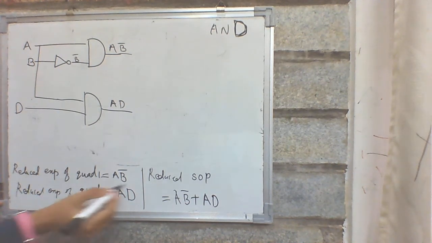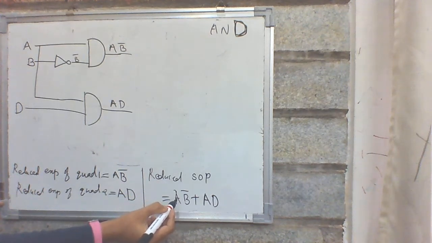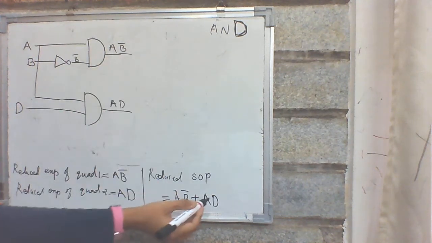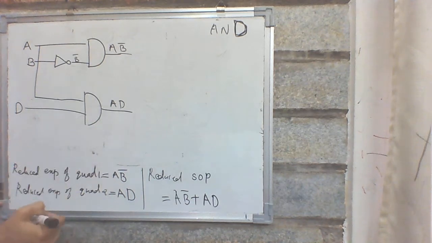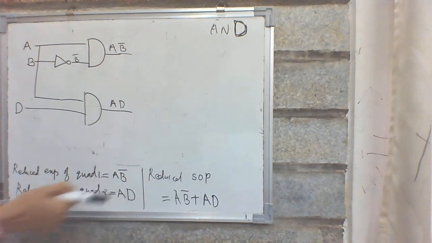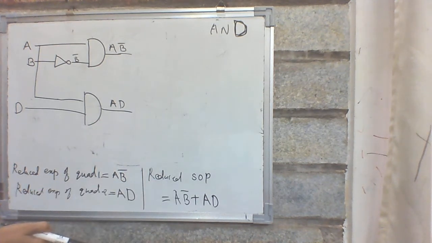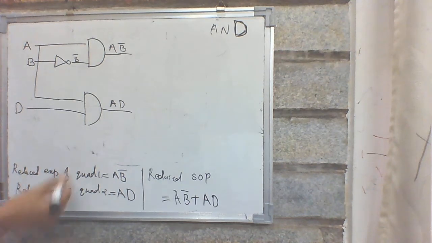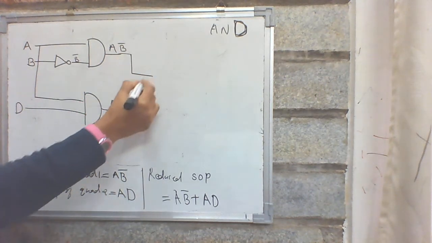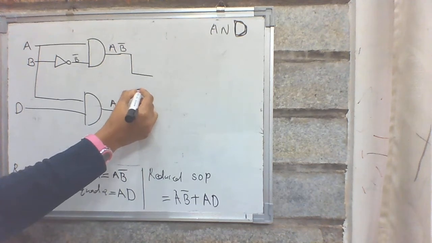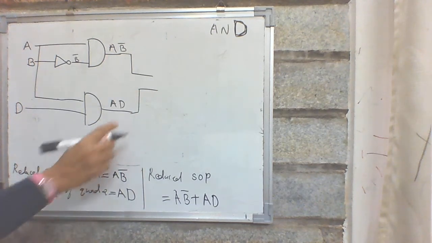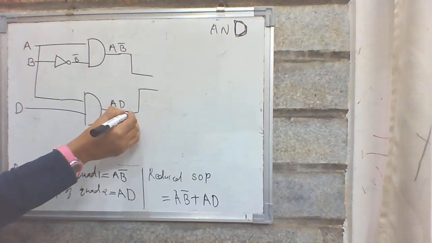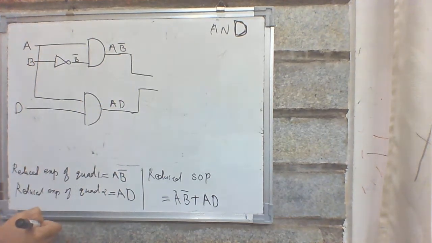Then how to represent this? Now we got the first term AB bar, second term AD. Then how to get this plus? Plus represents which gate? OR gate. Here the inputs of the OR gate are AB bar and, second input, AD.